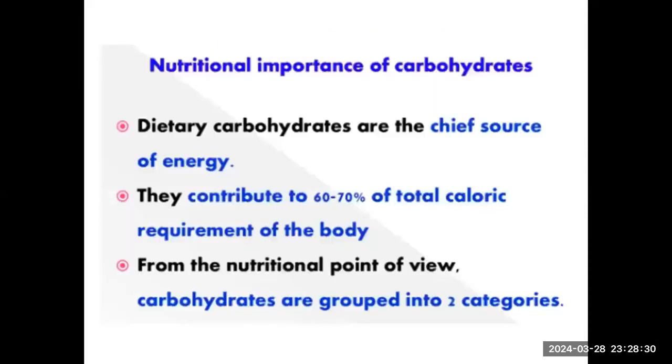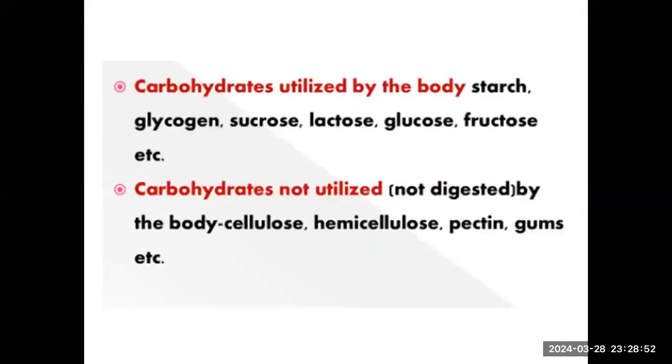So nutritional importance, as I pointed out, dietary carbohydrates are the chief source of energy, as we have discussed. They contribute about 60 to 70% of the total caloric requirement of the body. And from the nutritional point of view, carbohydrates are grouped into two categories. One is the available carbohydrates, and the other is the unavailable carbohydrates.